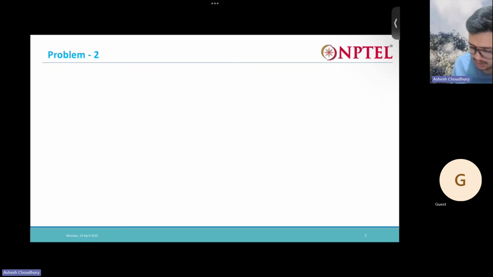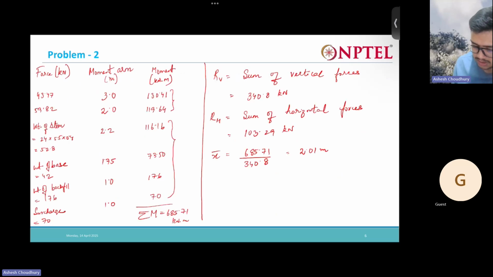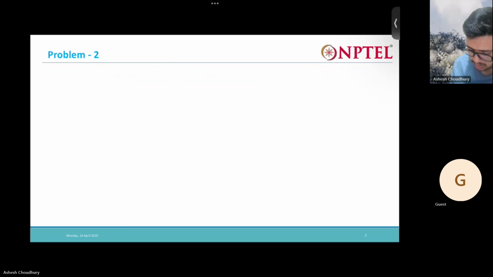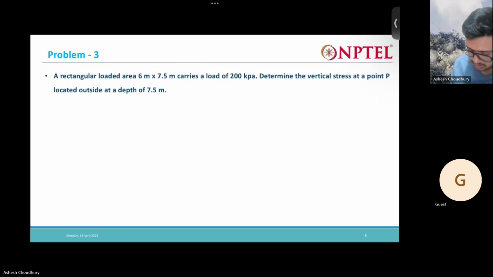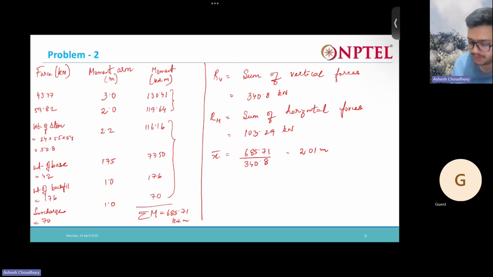And last is the bearing capacity. Factor of safety in bearing. So just the sum of all the vertical forces, 340.89, divided by your bottom width, will give you the pressure.